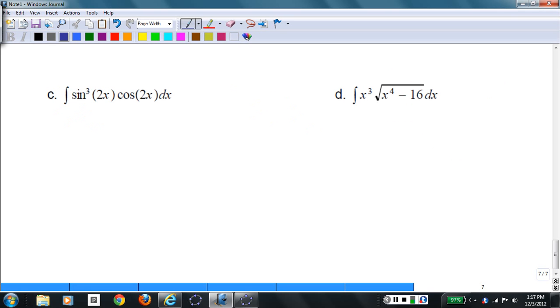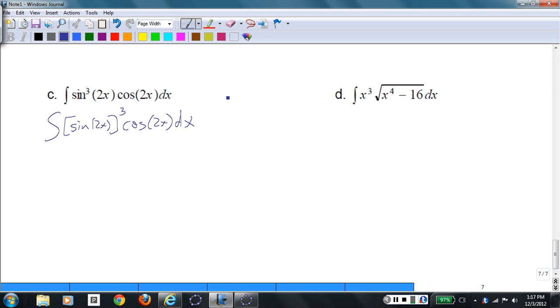Sine cubed of 2x, I'm going to rewrite it as sine of 2x quantity to the 3rd times cosine of 2x dx. And the u is the inside function, sine of 2x. The derivative of that is not cosine of 2x, but it's 2 cosine 2x.